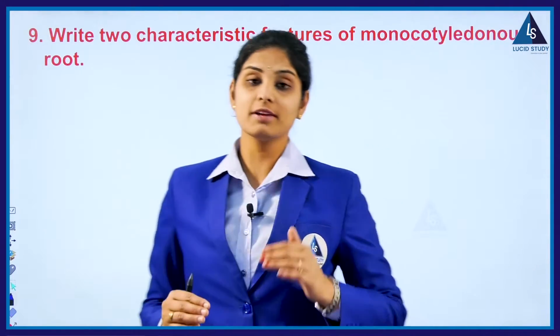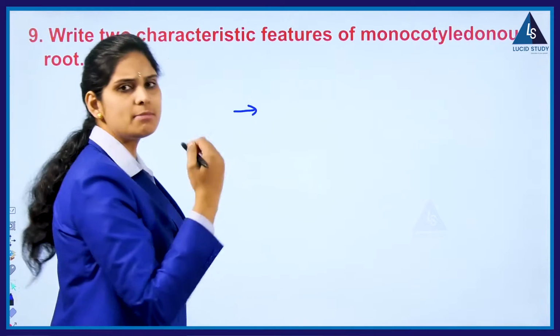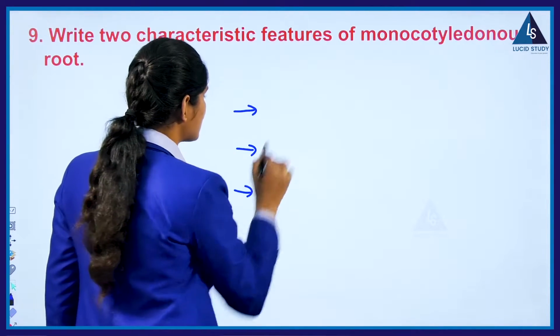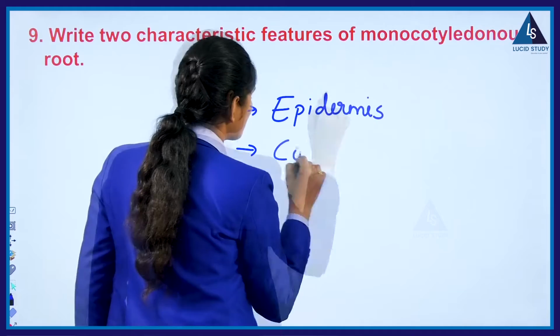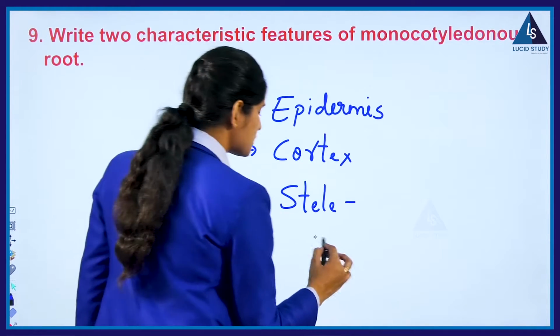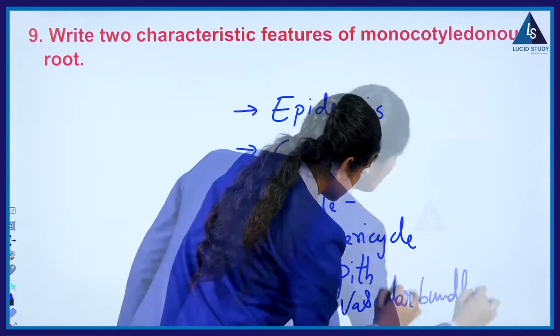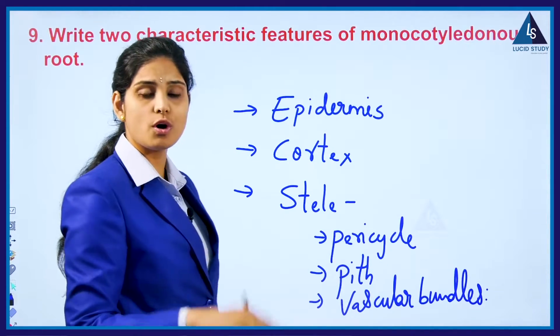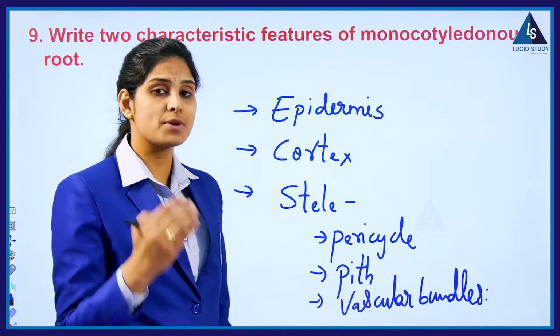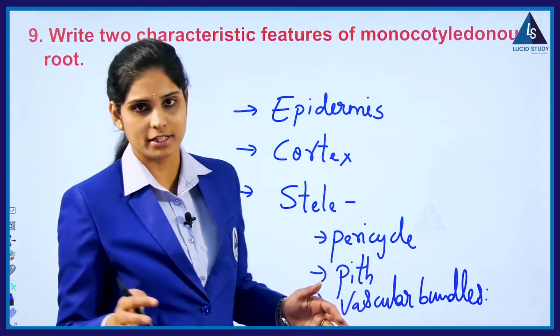Most importantly, we also say that this monocotyledonous root contains 3 major parts. Firstly we say epidermis, cortex, stele, where stele itself consists of pericycle, pith and vascular bundles, where there is a presence of 6 xylem bundles which are present alternatively, and we say this is a polyarch condition.